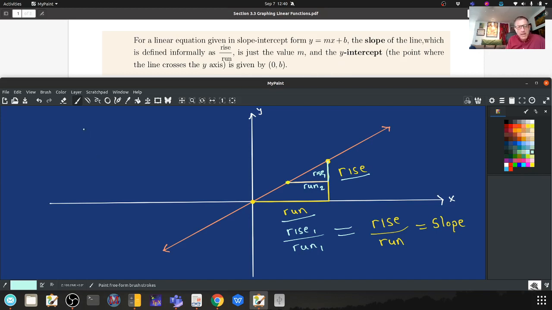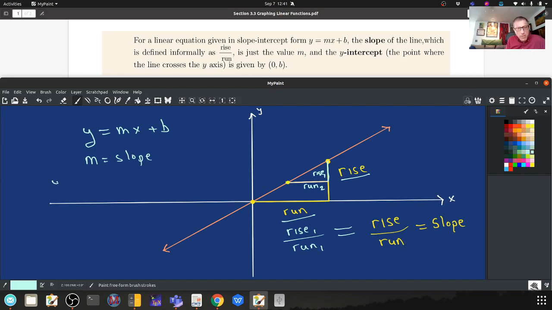So when we have an equation in the form y is equal to mx plus b, the value m is the slope. The slope is much better seen as a ratio of rise over run.